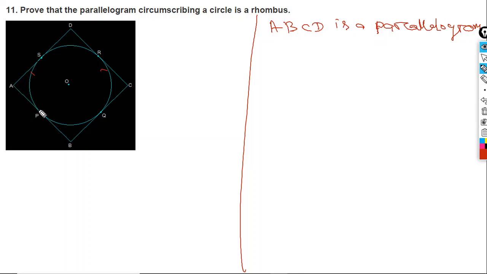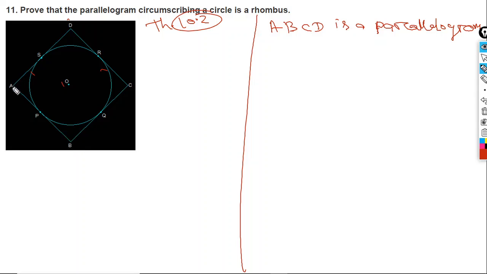Okay, here we have AS and AP are two tangents from a single point A to this circle. Similarly, DS and DR are two tangents from point D to the circle O. Like this, CR and CQ are two tangents, BQ and BP are two tangents from single point B. We have Theorem 10.2, which says that the tangents drawn from one point to a circle are equal in length.